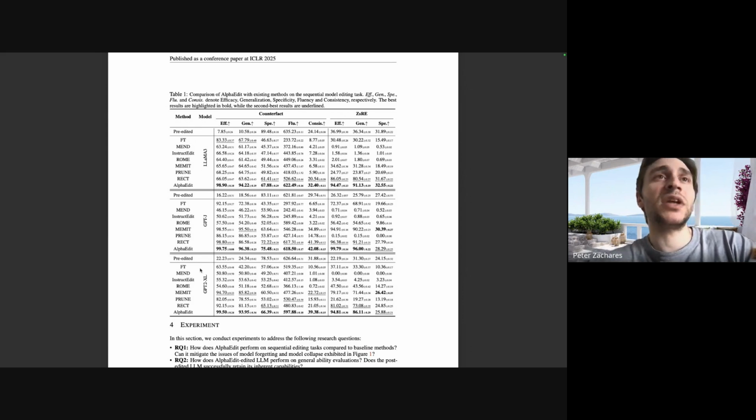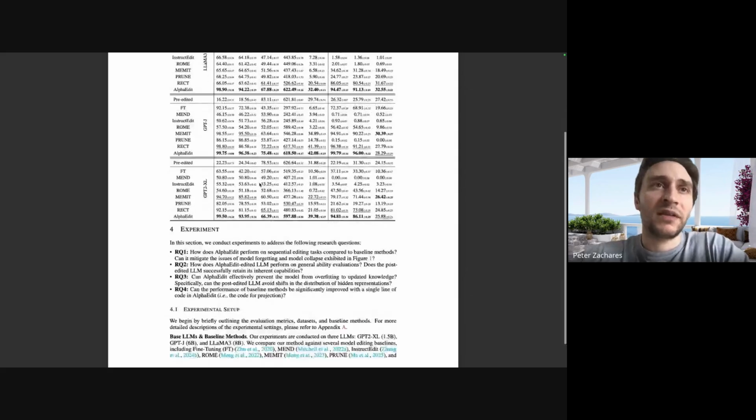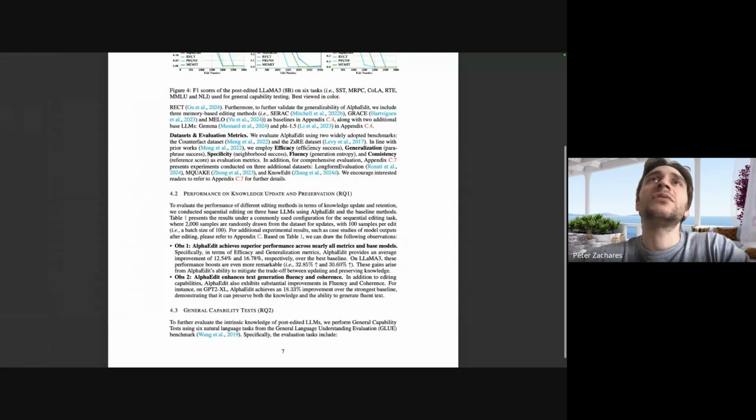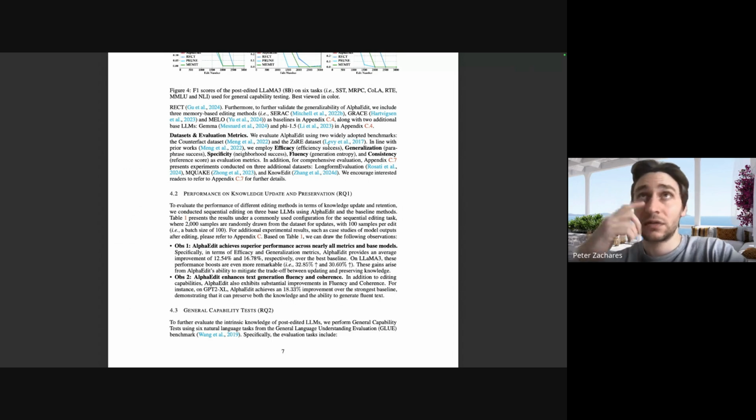They tested on 3 different LLMs, comparing model editing methods versus AlphaEdit, and they have 5 metrics. I have to go down to tell you what they are because I don't remember. Efficacy, which is efficiency success, so how often it generates the correct output.